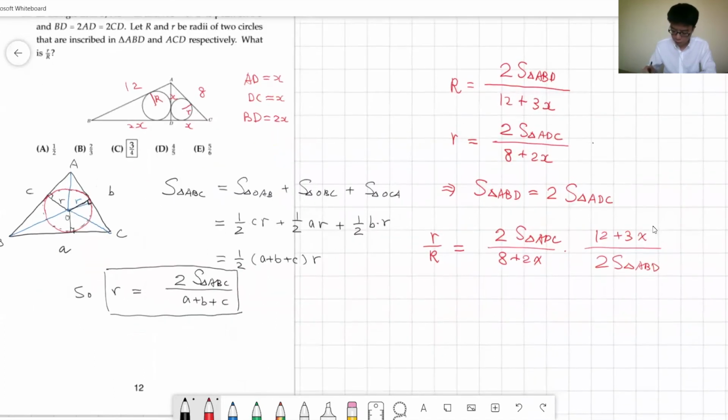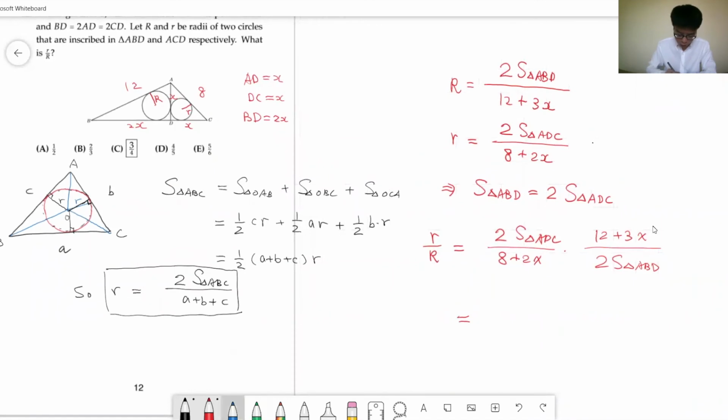Okay. So we know that ADC is twice ABD. So we can cancel this and replace by 2. And the other part, 12 plus 3x divided by 8 plus 2x, is exactly 3/2.